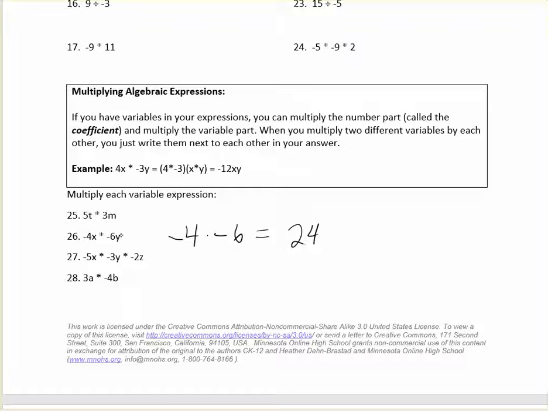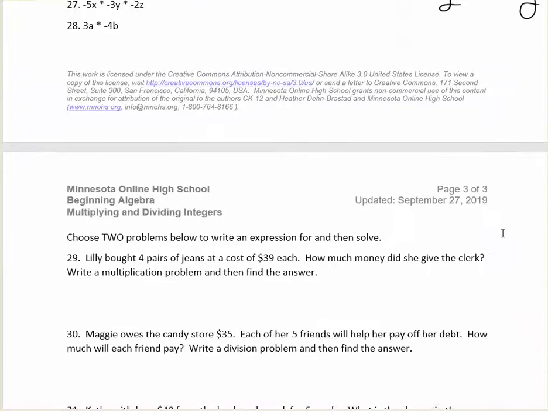But negative 4x times negative 6y, we can't ignore the x and y, so we just write them after our 24. So our answer for 26 is 24xy. So what we're doing is practicing using more variables in our work so that when we get to more and more algebra, you're familiar with all these variables too.